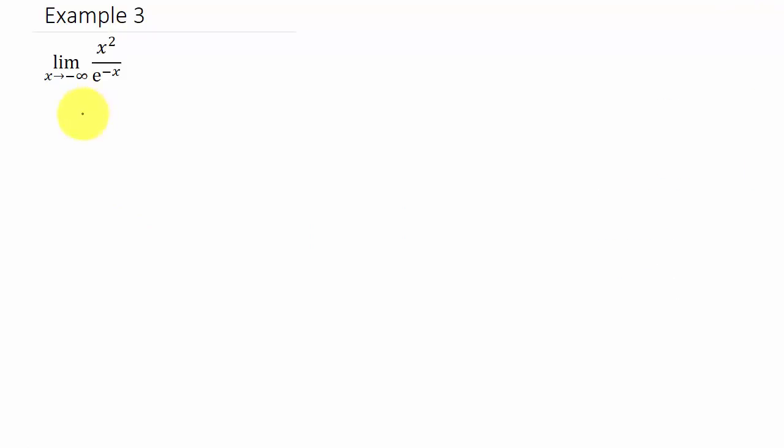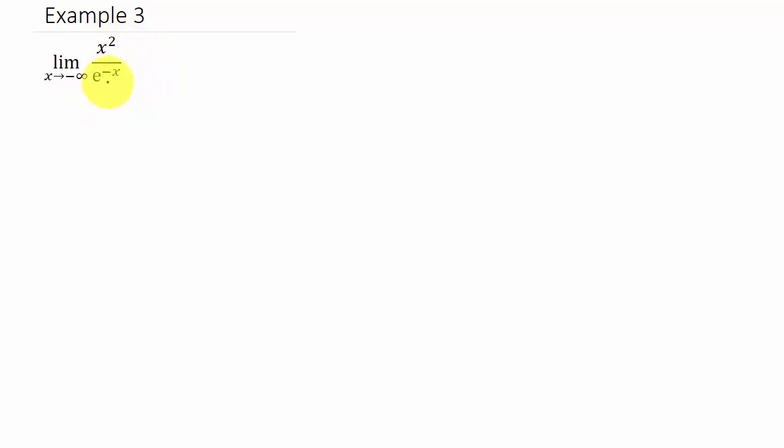Alright, so we have the limit of x squared over e to the negative x as x approaches negative infinity. Let's see what happens when we take the limit as x goes to negative infinity. Well, we're plugging in negative infinity and we're squaring it, so we're getting big positive numbers. So you can see that the numerator is going to infinity.